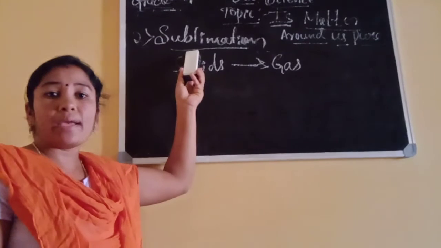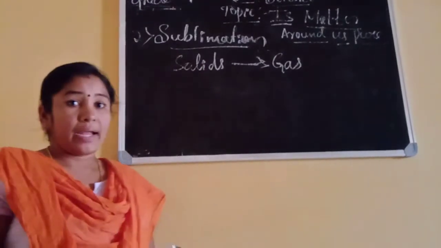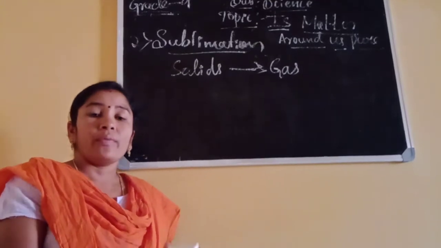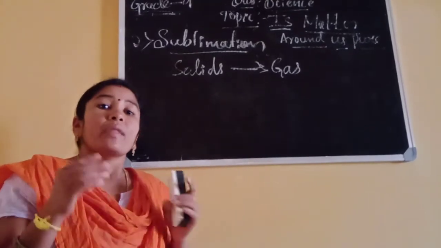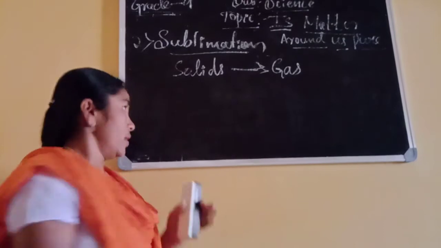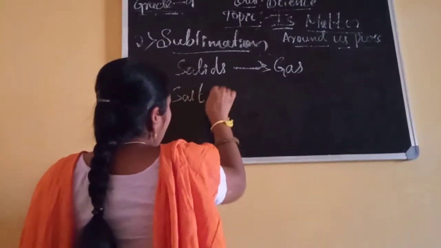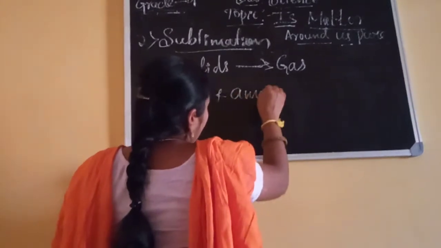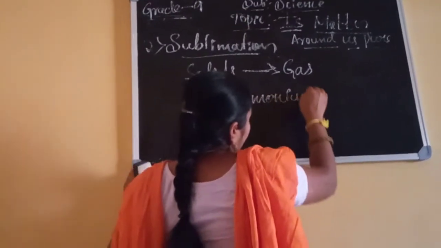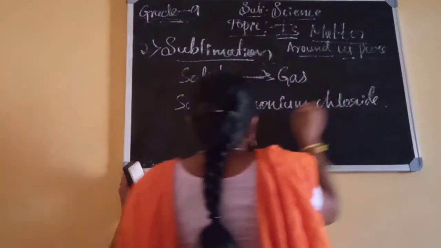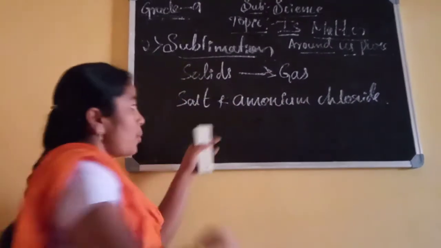Through sublimation, what materials can we separate? The mixture of salt and ammonium chloride.